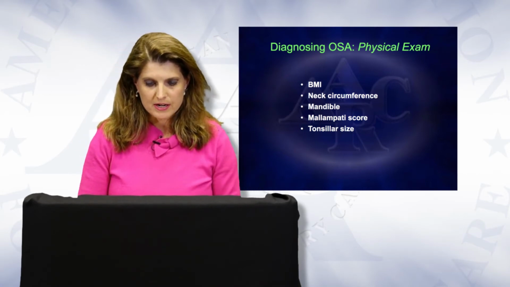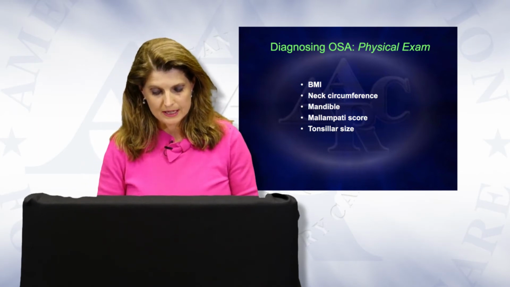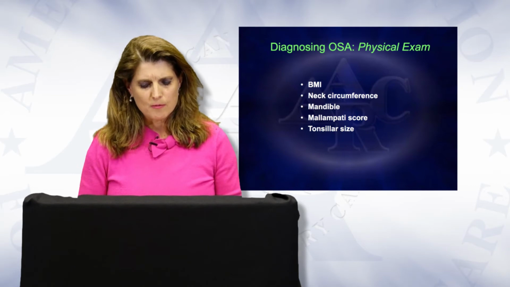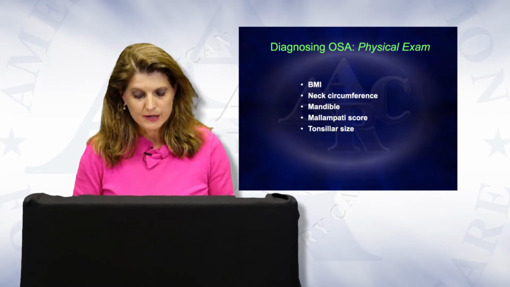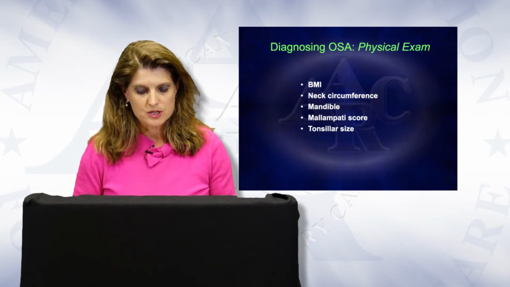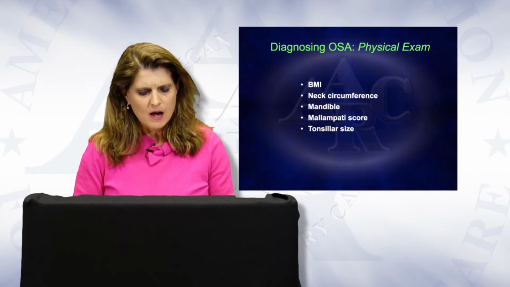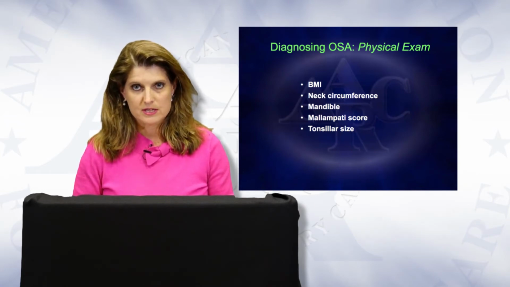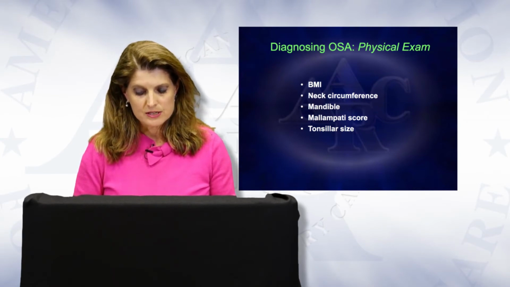As we have seen in the previous slides, the United States is becoming a more obese population. Now, patients with the obesity hypoventilation syndrome are more prone to right-sided heart failure and increased pulmonary artery pressures, both of which can affect their response to procedural sedation medications. A large neck circumference, defined as 17 inches in men and 15 inches in women, may correlate with OSA better than body mass index.